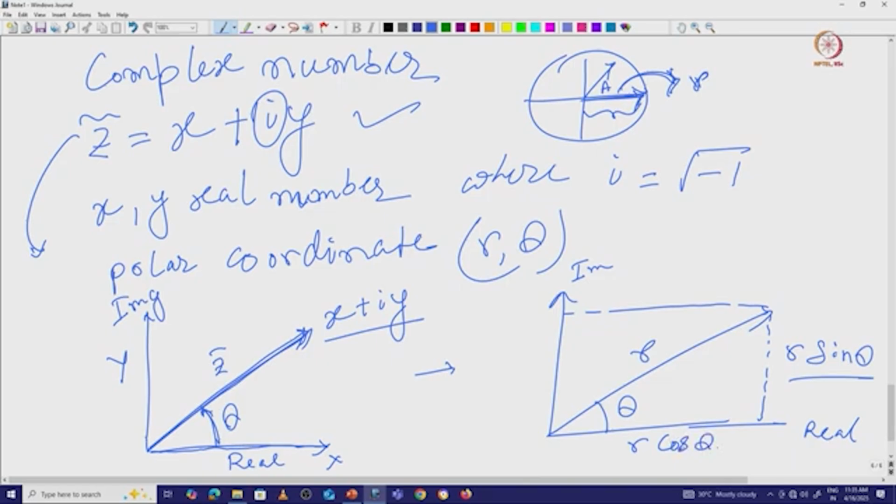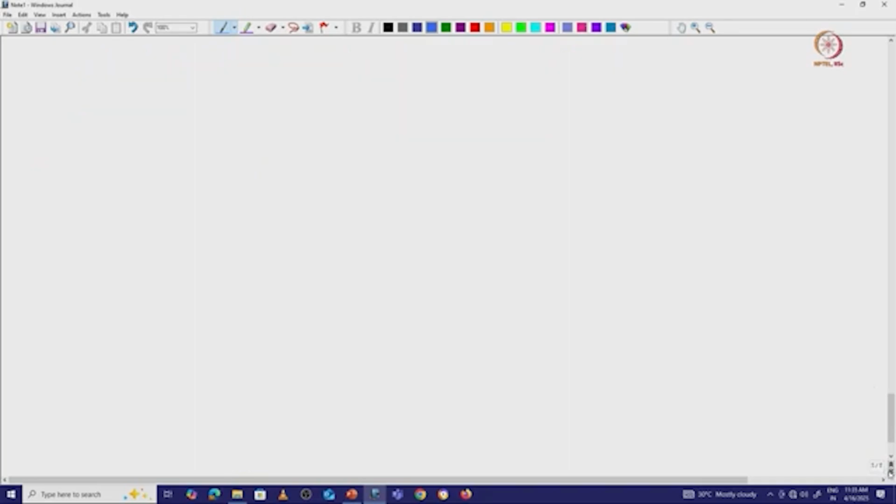Again, the y axis will be the imaginary line and the x axis will be the real coordinate. Now, if we go to the next page, if we want to represent x minus iy, how do we represent this?